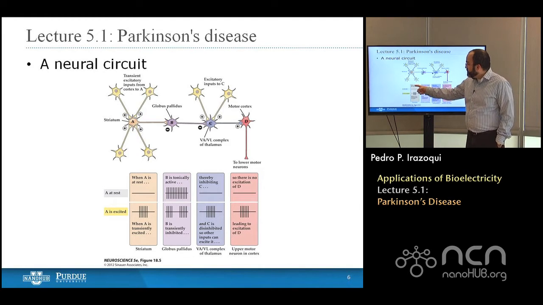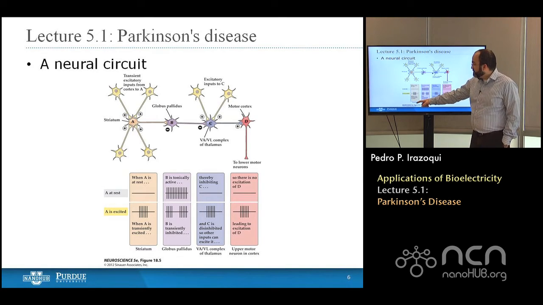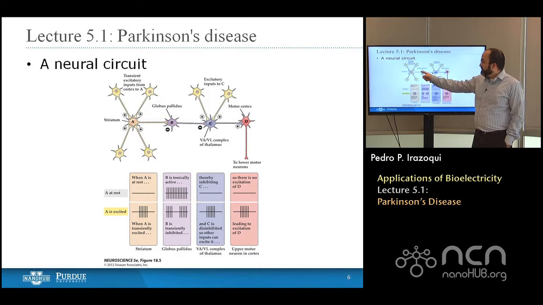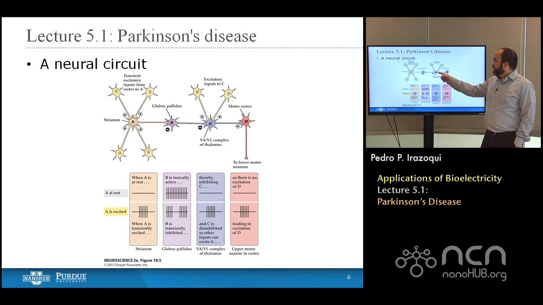Now, when A is at rest, it won't fire. Because it's not firing, it's inhibitory, B will fire more. Because B is inhibitory, if it fires more, C will fire less. And because it's excitatory, there'll be a net decrease in descending motor excitation. So it'll be harder to initiate movements.